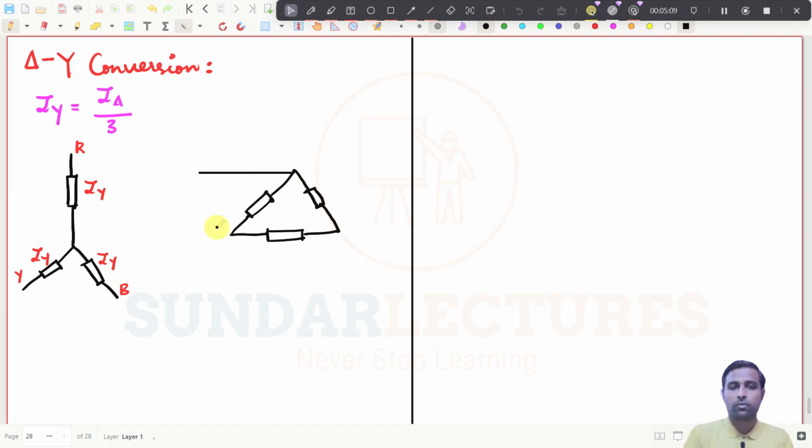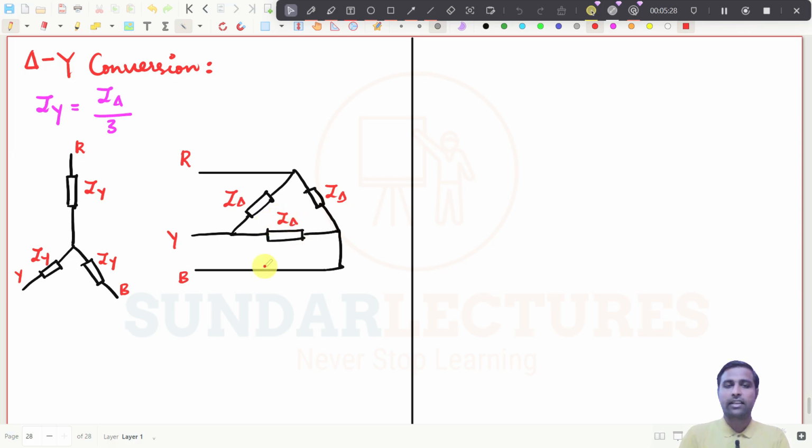So this value, whatever it may be, if you take this as R, this as Y, and this as B, we generally take these as delta connected impedances.